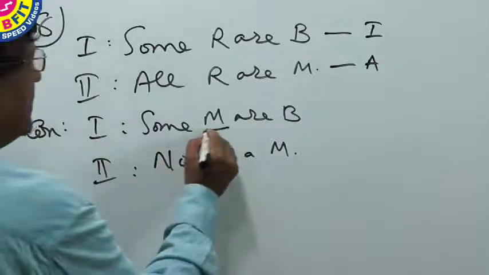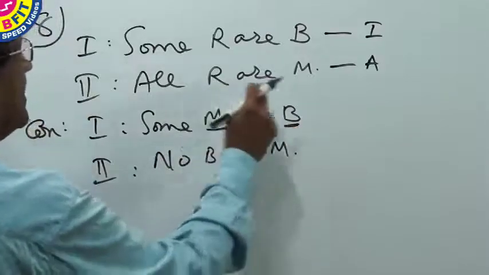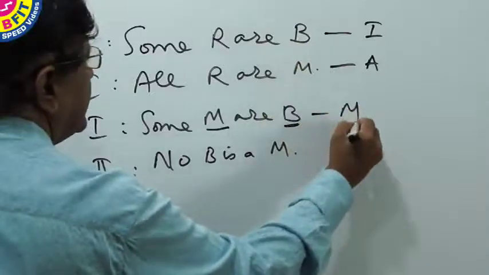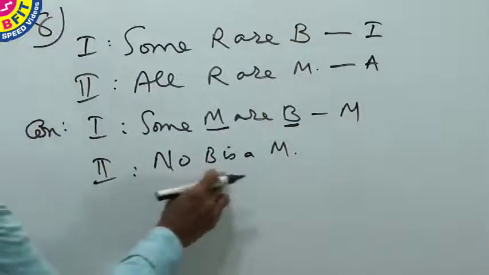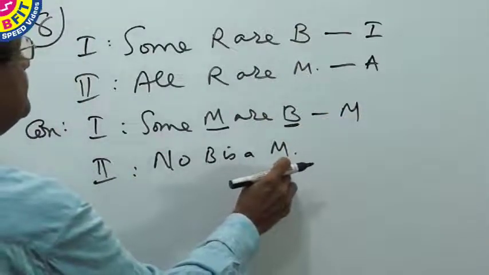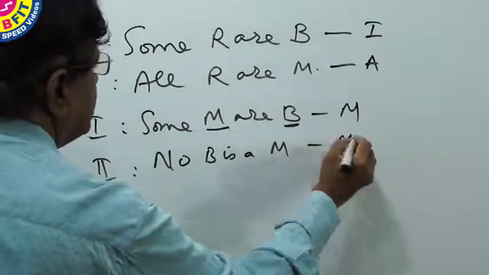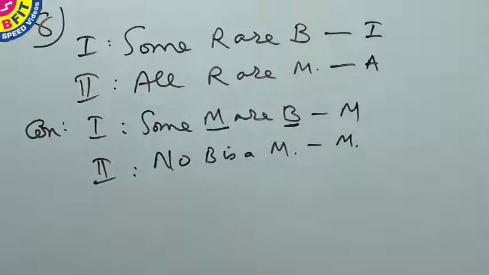Some M are B, M and B, they are in two statements, therefore this is mediate. No B is M, again this is also mediate because it is in two statements. There is no immediate inference. Some M are B and no B is M, both are mediate.